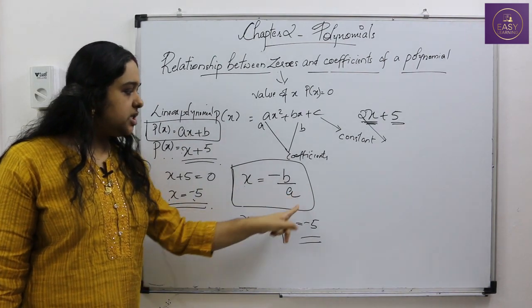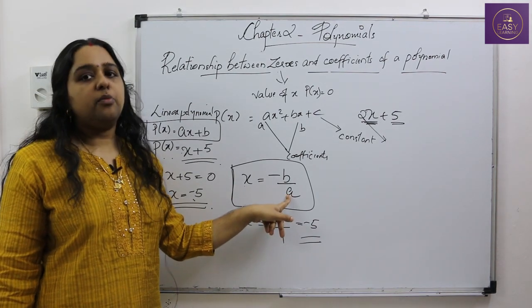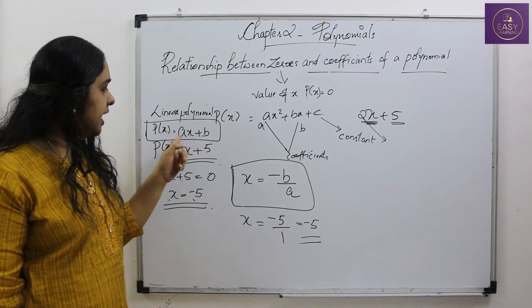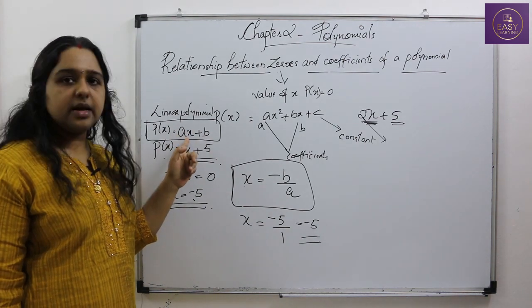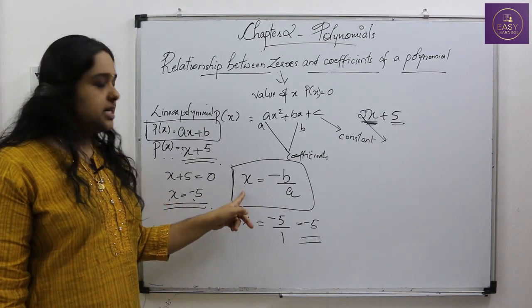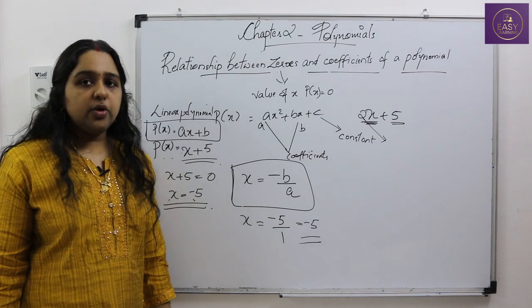This is the relationship between the zero of a polynomial and the coefficients of that polynomial. B and a are the coefficients of this polynomial.